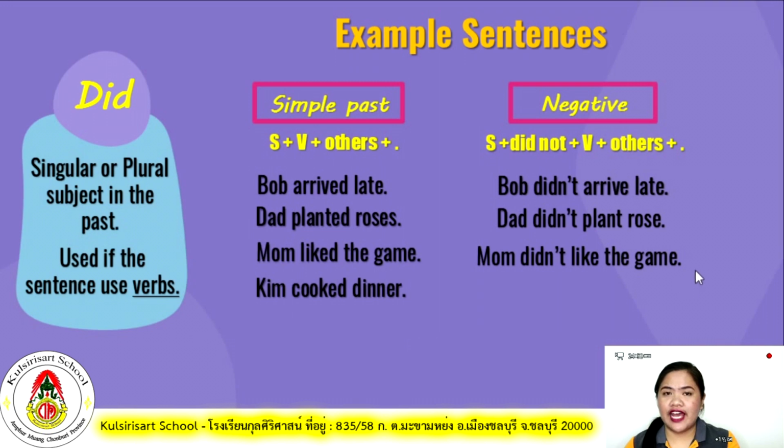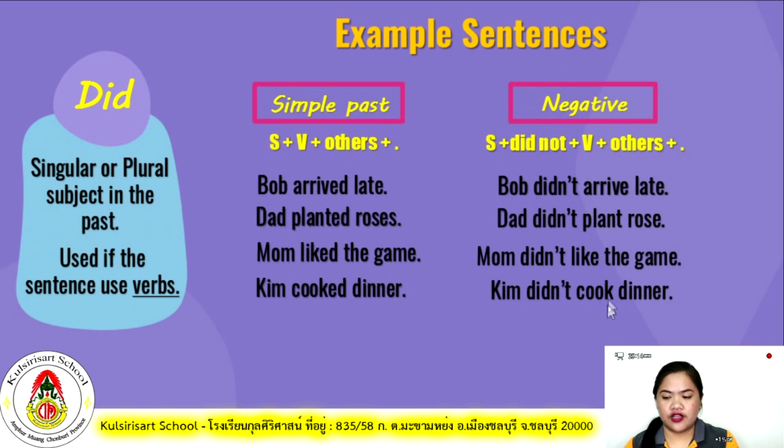Next. Kim cooked dinner. Kim didn't cook dinner. It will become Kim didn't cook dinner because we should follow this structure: subject did not cook dinner.